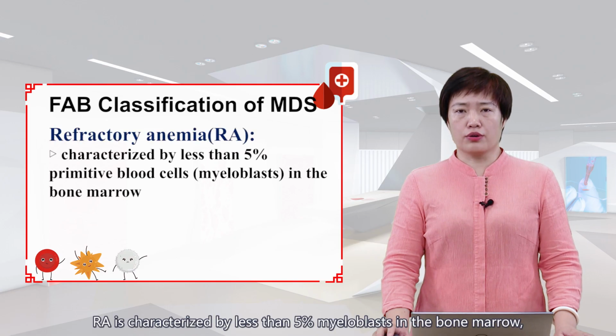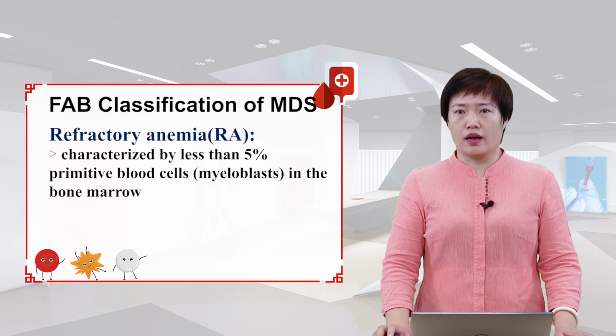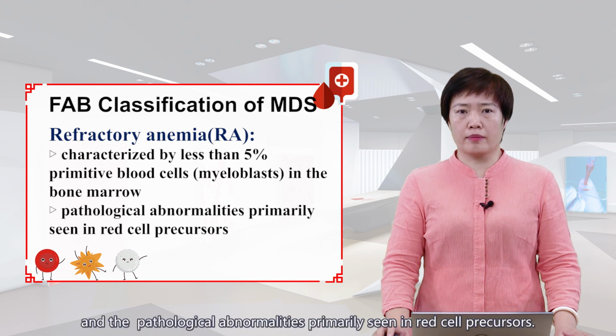RA is characterized by less than 5% myeloblast in the bone marrow, and the pathology abnormalities primarily seen in red cell precursors.